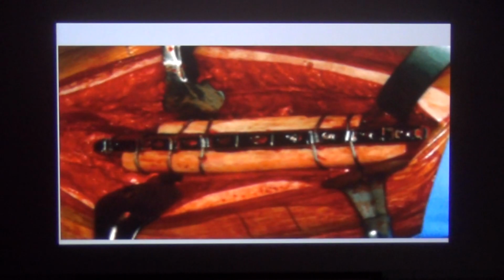What's this? What is that slide of? Cortical structure. Tell us what a cortical strut graft is. So it's a piece of cortical bone which has been used in plate formation. Right, so what bone is it? It's a femur.